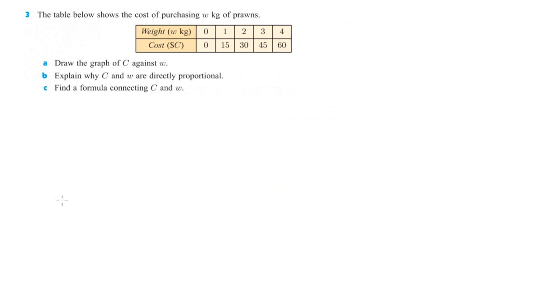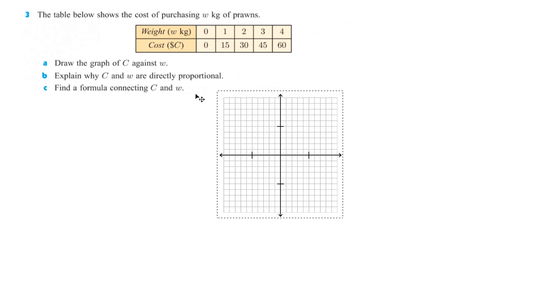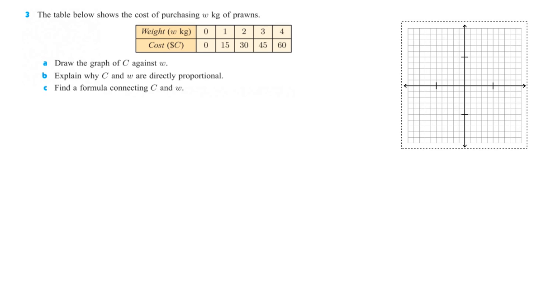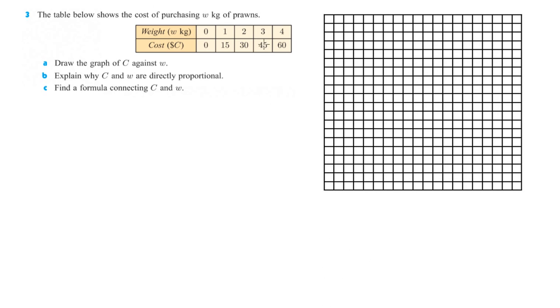Okay, 3. The table below shows the cost of purchasing W kilograms of prawns. Draw the graph of C against W. Okay, so I'm just going to paste in a bigger graph here to make it a little bit nicer for us. Our x's here are just 1 through 4, so we'll start at 0, then 1, 2, 3, 4, 5.